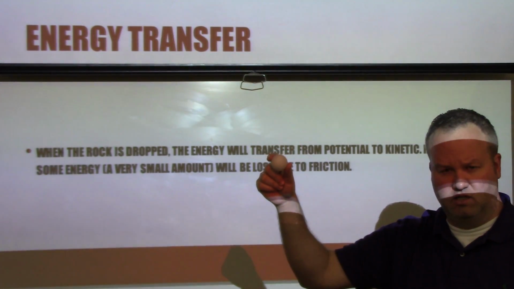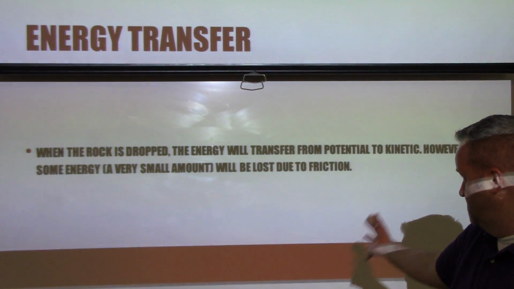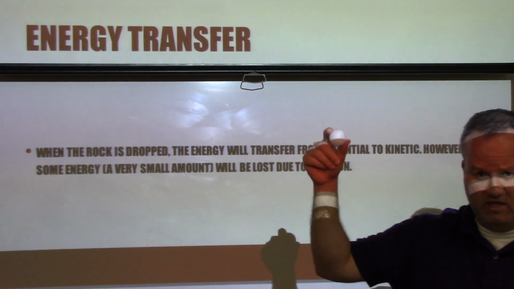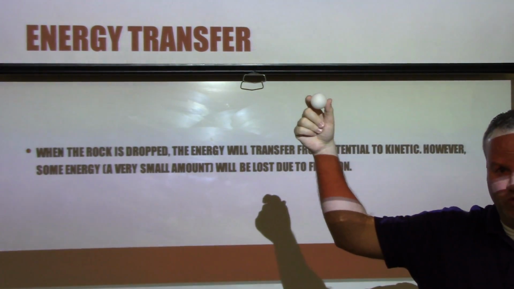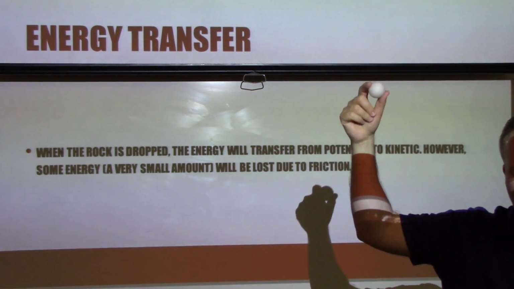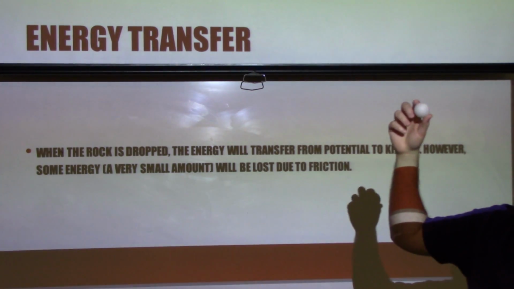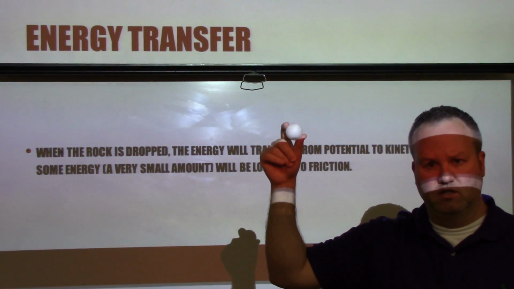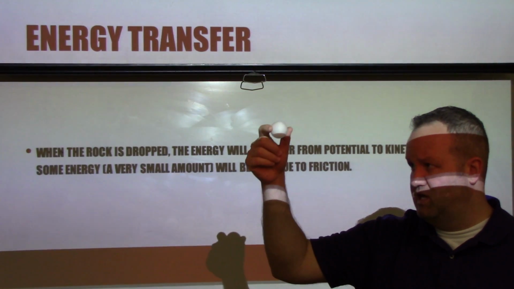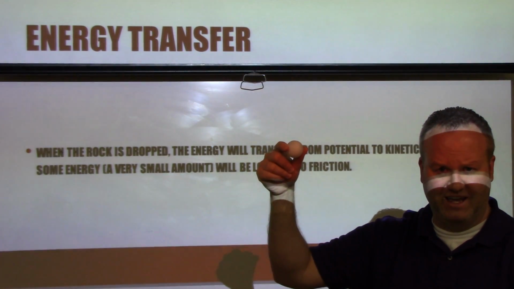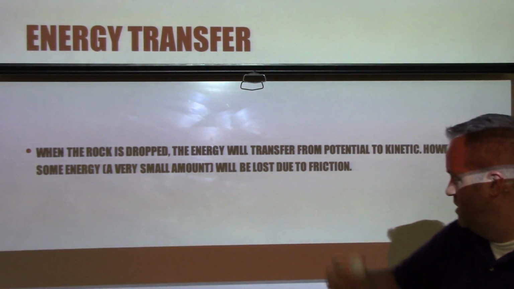It's not going to change. If I start out with, let's say, 160 joules like I had on the board just now, when I drop it, it's still going to have 160 joules. But it's going to have a different kind of energy. Its potential energy is going to become kinetic energy as it falls.